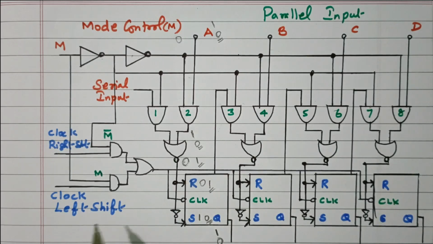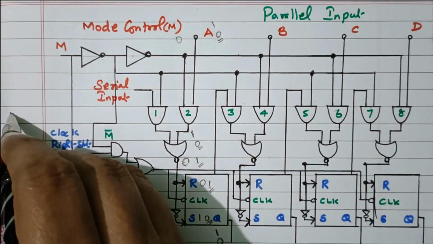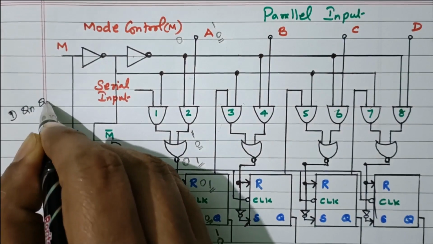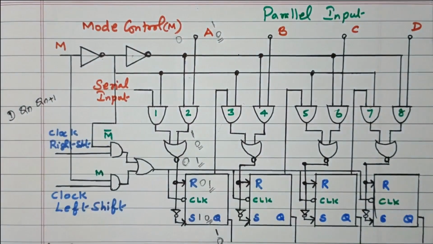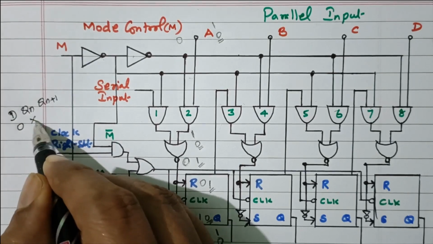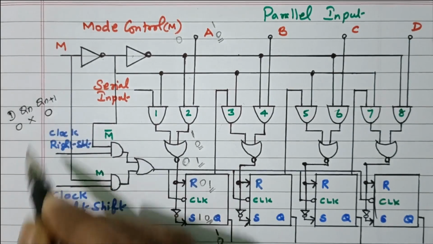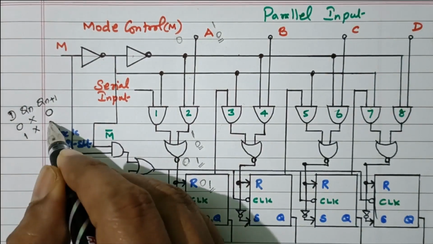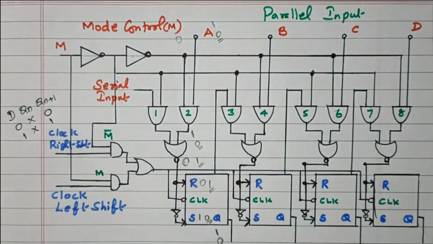For example, for the D flip-flop, what is the nature? The D input, Qn the present state and Qn+1 the next state. If D equal to 0, whatever may be the present state, the next state will be 0. If D equal to 1, whatever may be the present state, the next state will be 1.